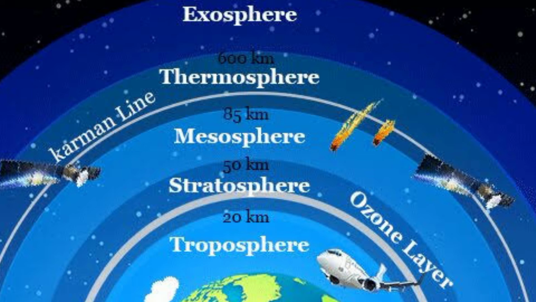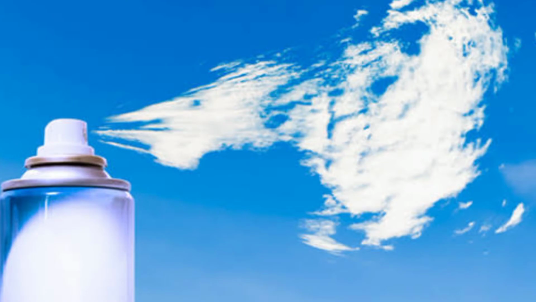Now, aerosols. Air also contains tiny solid particles called aerosols, such as dust, sea salt, and ash from erupting volcanoes or forest fires. Many of these particles are so small that they are microscopic. Others are large enough to be seen. Aerosols affect climate by helping clouds form and shading the planet by scattering or absorbing sunlight.